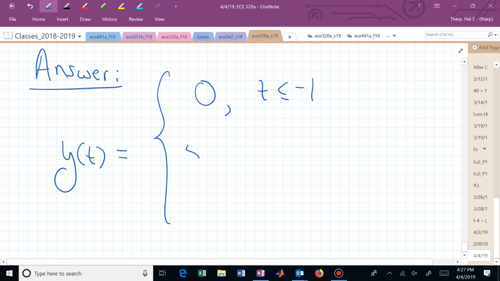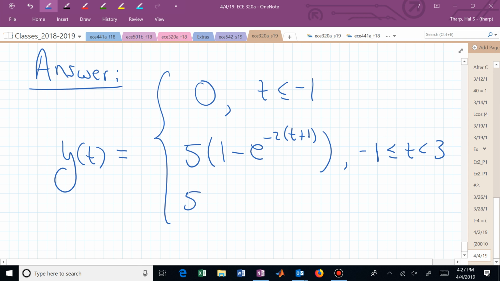Then it was 5 times 1 minus e to the minus 2t plus 1 between minus 1 and 3. And then beyond 3, it was 5 e to the minus 2t times e to the 6 minus e to the minus 2 for t greater than or equal to 3.